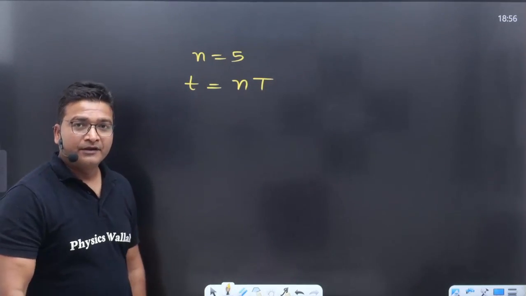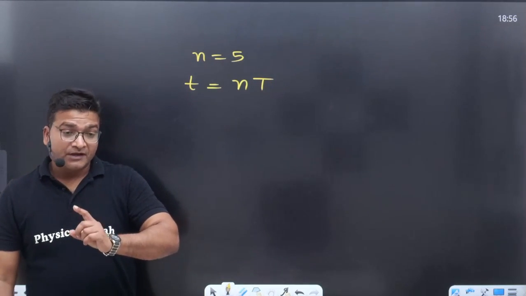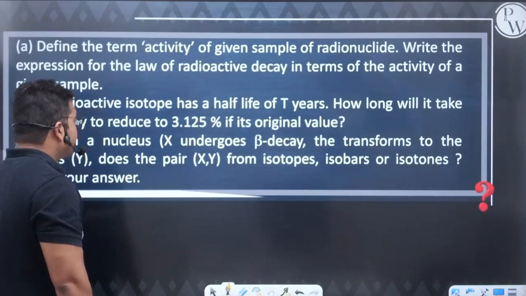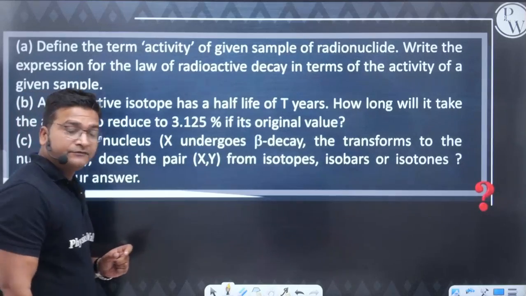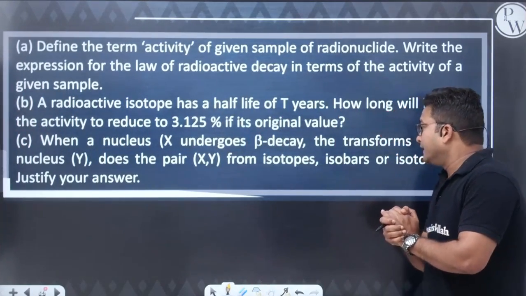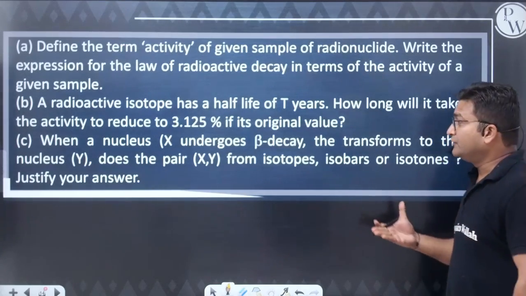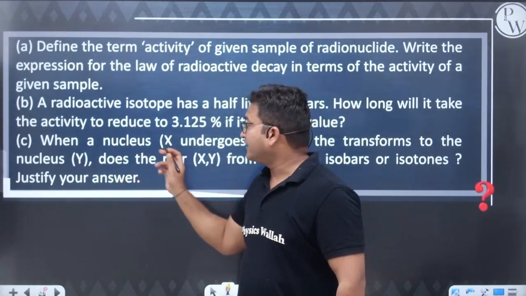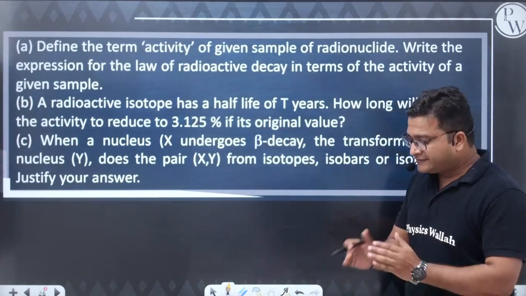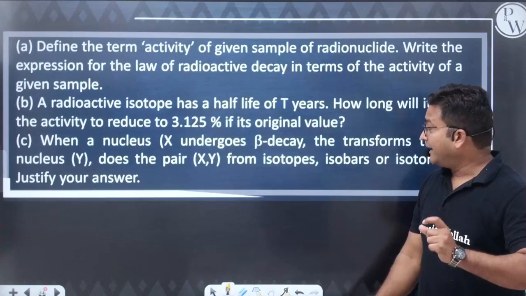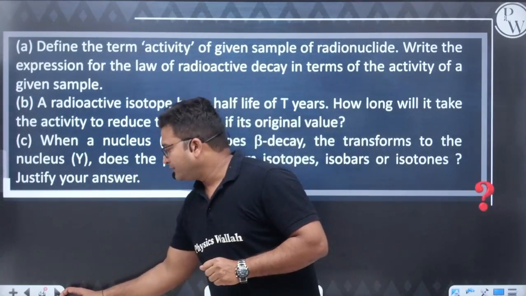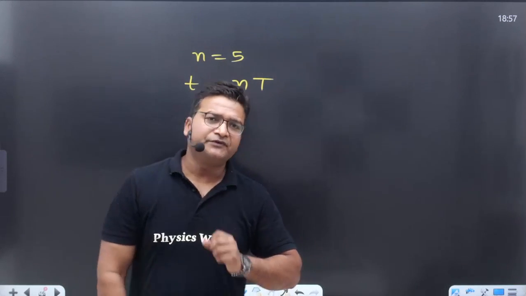That is your answer. And never forget to answer any part of the question, as they are asking you one more part, and it says when a nucleus X undergoes beta decay, and it transforms to another nucleus Y, does the pair XY form isotope or isobar or isotones? So obviously the question is very simple.